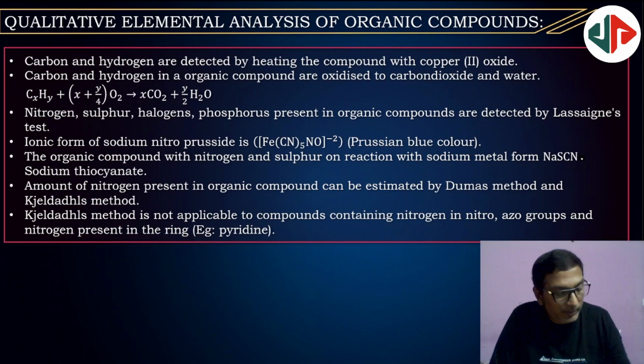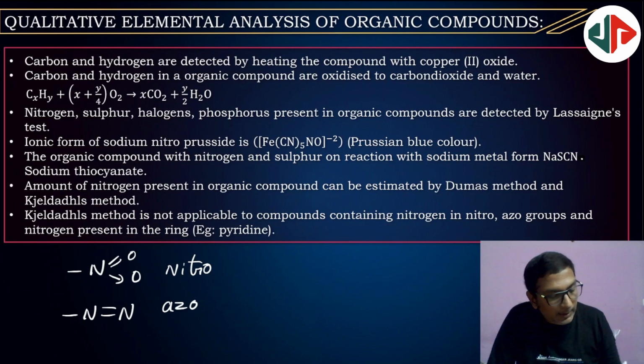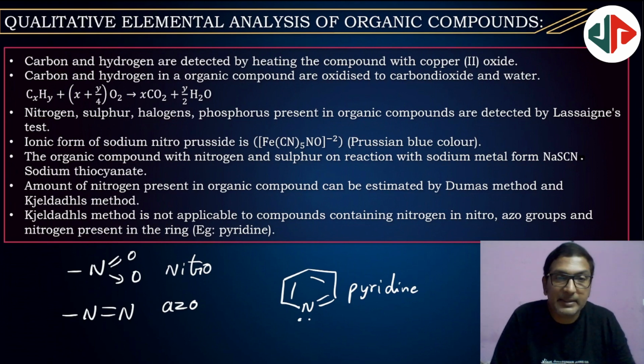The nitro group means NO2. The azo group is N double bond N. Pyridine is an example. These are exceptions for Kjeldahl's method.